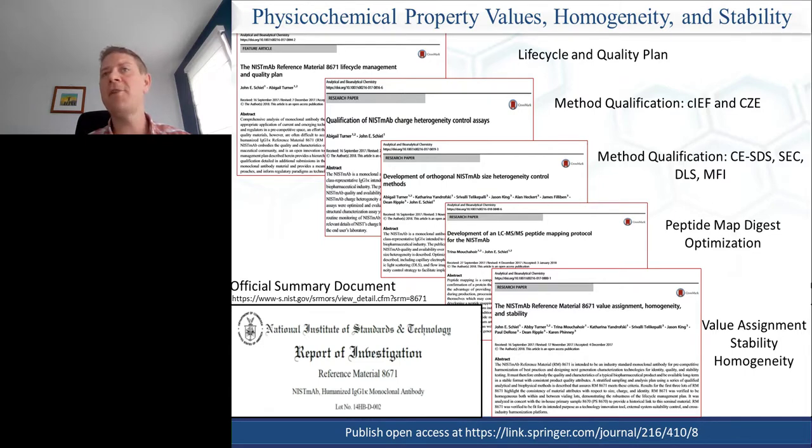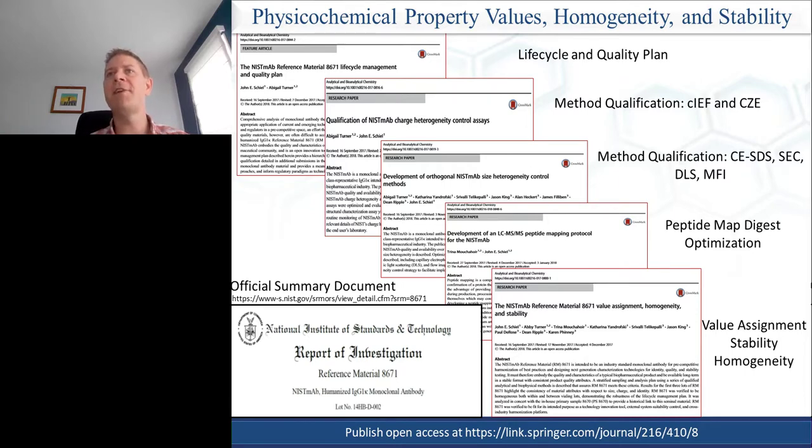These were all published online, and they are the analytical methods we're using to monitor the quality of the NISTmAb material. In the upper quadrant, the first paper discusses the life cycle and the quality plan in more detail, if you're interested in that. We follow this with 3 individual papers, one on size, CIEF and CZE, and charge, CIEF and CZE. In the middle, we have a qualification of methods based on size.